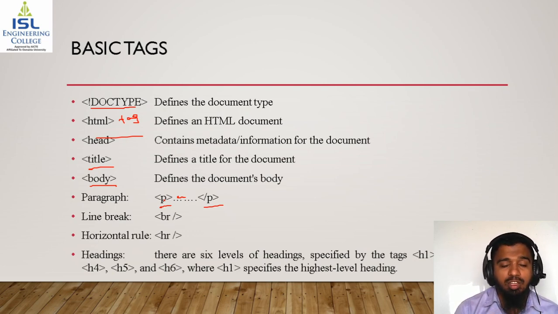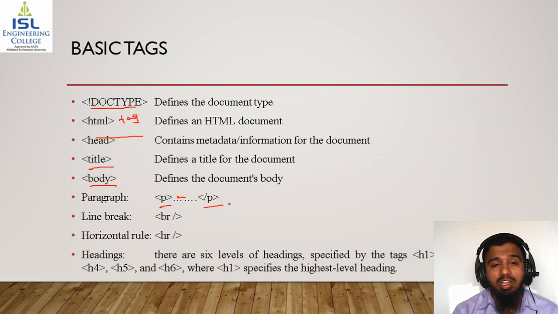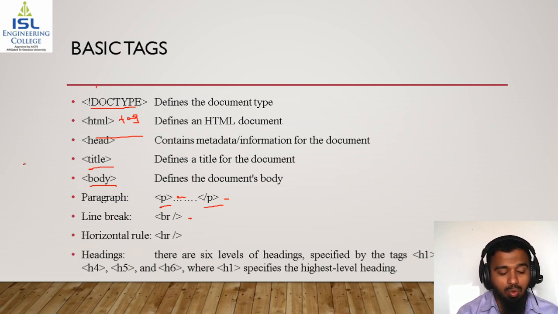Line break is nothing but BR, so that from here directly it will come to the next line. That is called a break line or line break, and it is represented as BR slash. And horizontal rule is HR, like this you will get a line when you write it in HTML code.